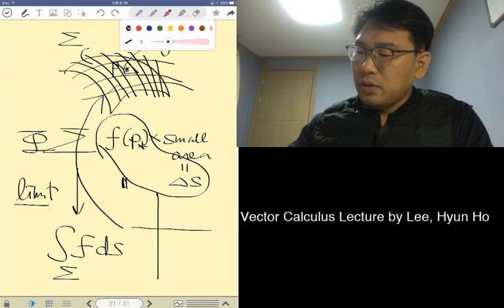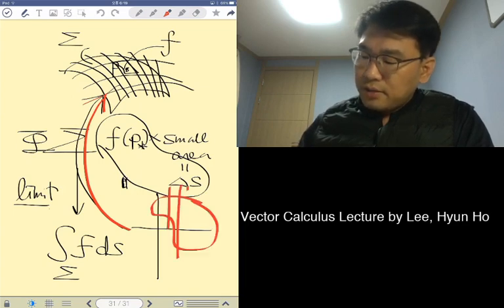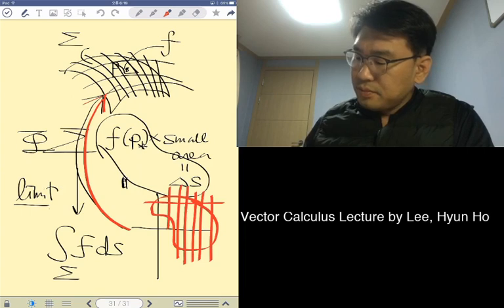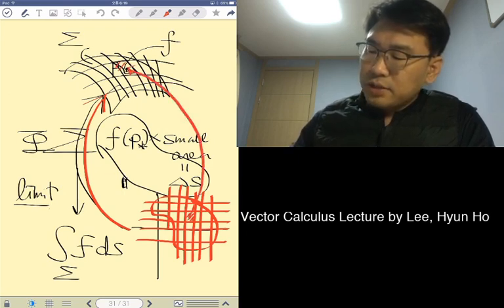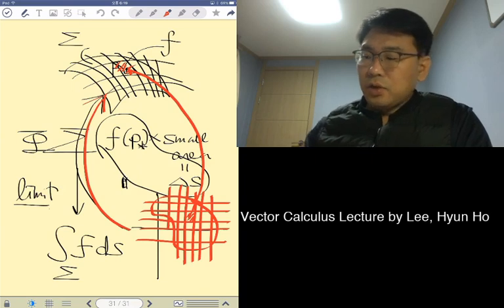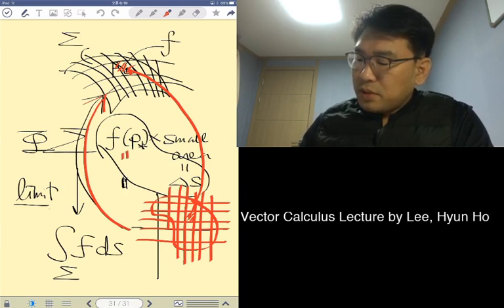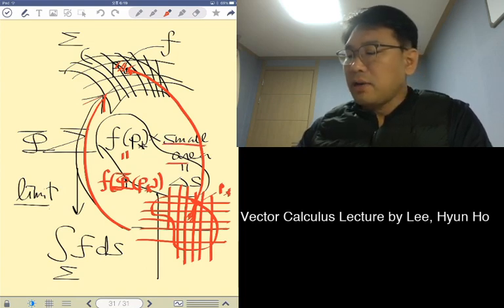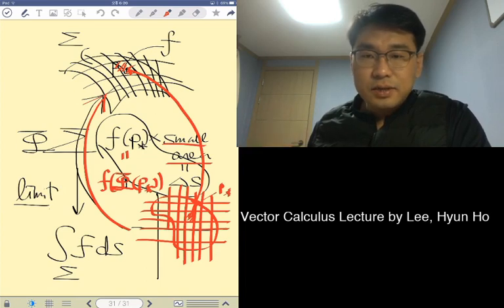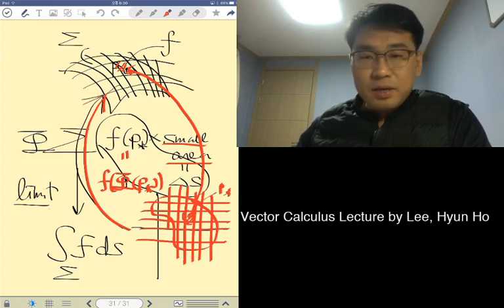You divide the domain, and this small part of the domain is mapped to this small part of the surface. So f at P star is f of phi at small p star, and the small area delta S is given by delta u times delta v.